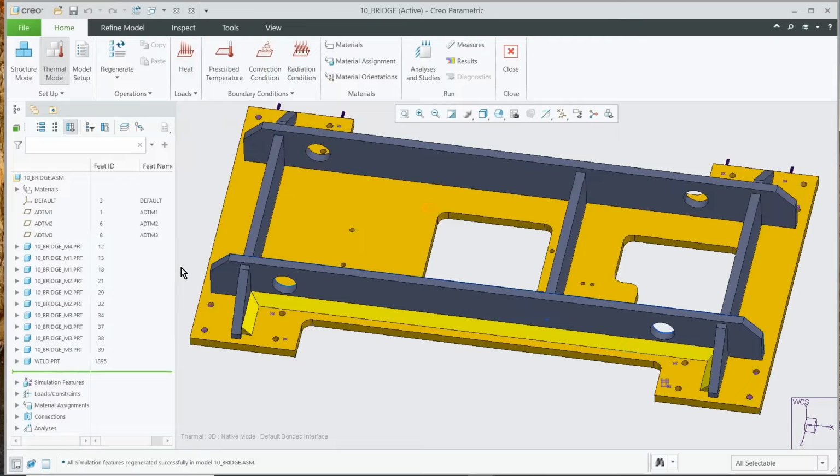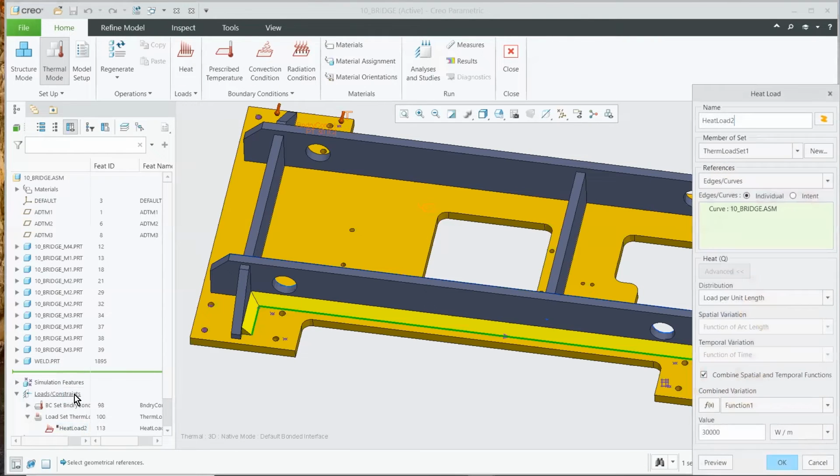So instead of being a force load, it's actually a temperature load. We're going to go over here and take a look at the loads. And we're going to say, let's take a look at this guy. And what we're using is actually a function. So here's the heat load, in watts. But then we're using a function, and you can see here, it's highlighted in the green curve with the arrows.